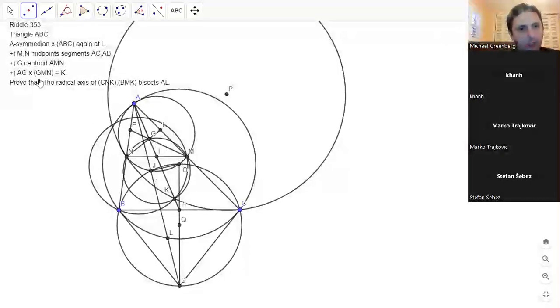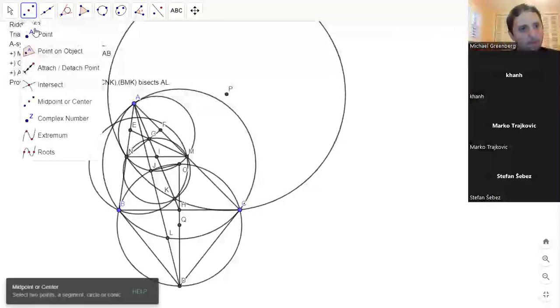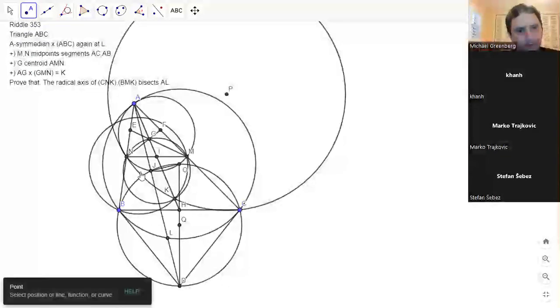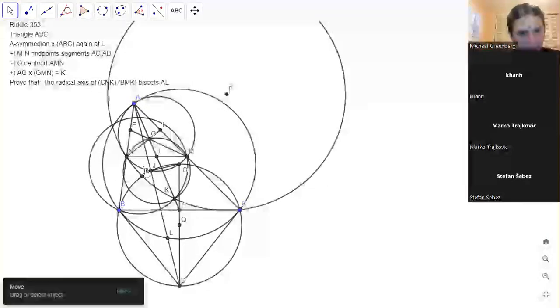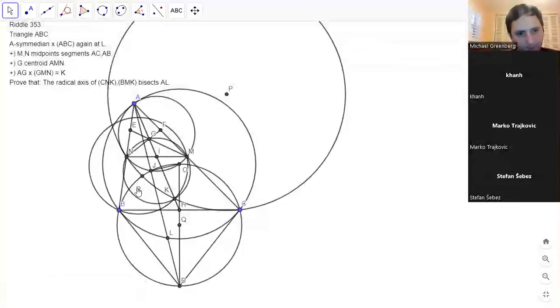That's Q. We draw this point right here. So the power of J with respect to CKN, basically by Casey's theorem, it's 2QP times the distance from J to CR.